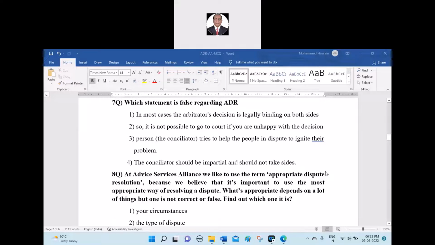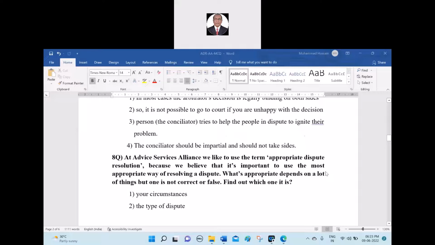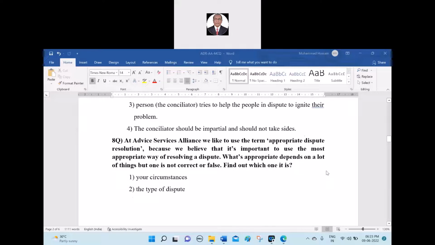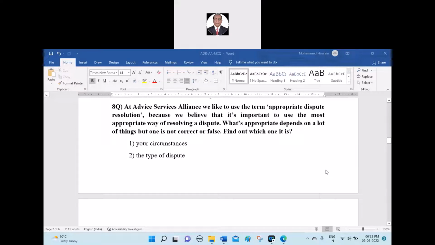Yes, anyone can unmute and read the eighth question. Sir, eighth question. At Advice Services Alliance, we like to use the term appropriate dispute resolution because we believe that it is important to use the most appropriate way of resolving a dispute.